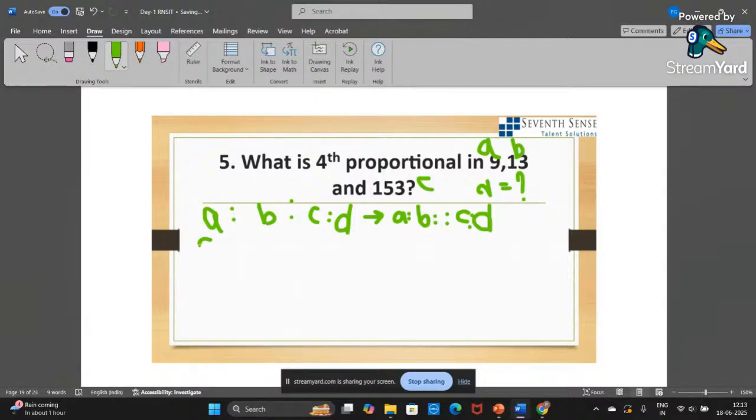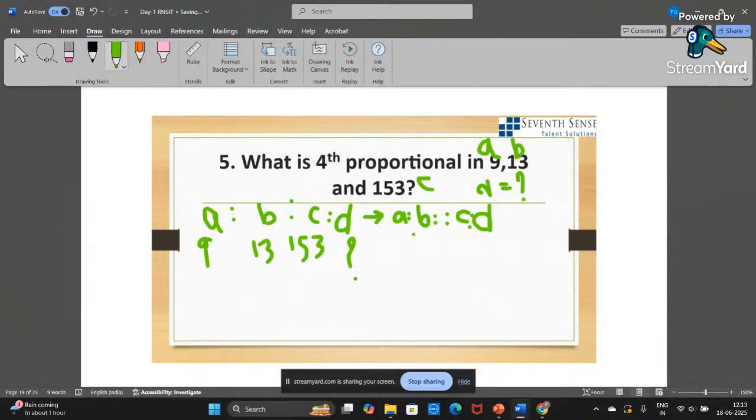This is 9, this is 13, this is 153, and we need to find D.